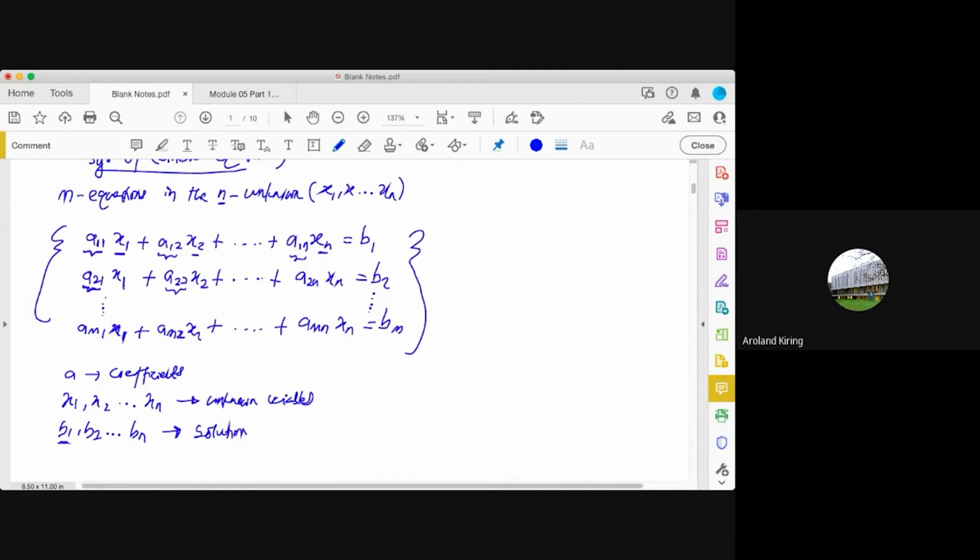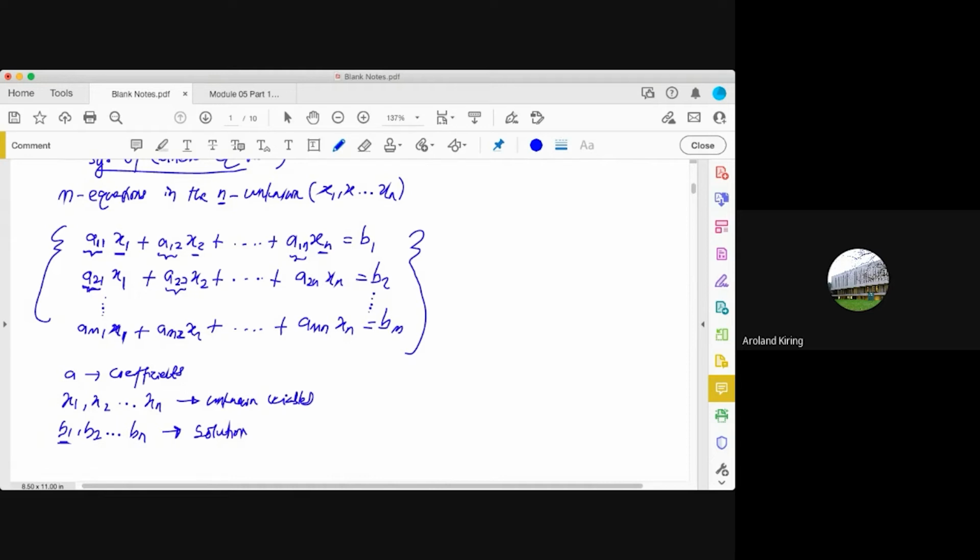But if we have much bigger systems, it will become a bit difficult to solve using our previous method, where we put it in a different equation and substitute each of these equations.